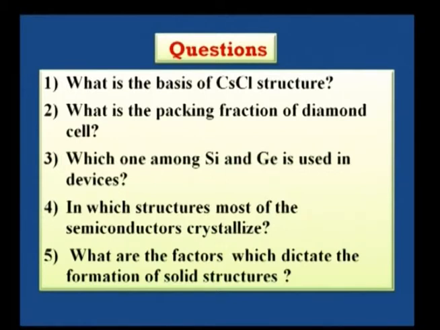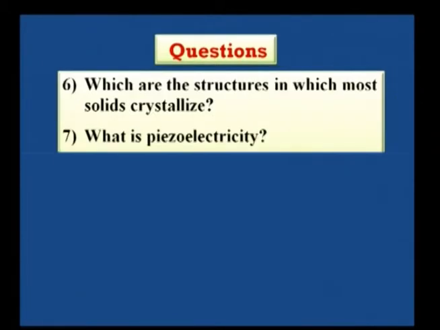Do they crystallize in the diamond structure? What are the factors which dictate the formation of solid structures? Which are the structures in which most solids crystallize? This is a very important question. What is piezoelectricity? With this, we come to the end of this lecture.